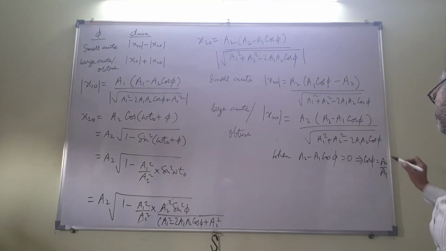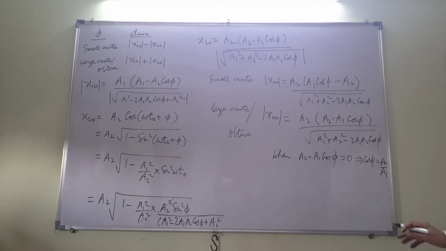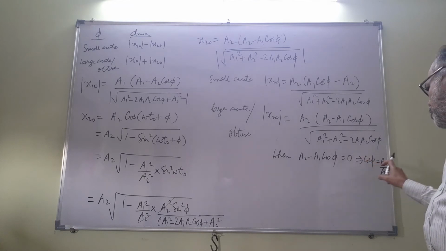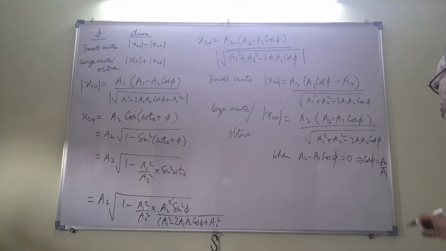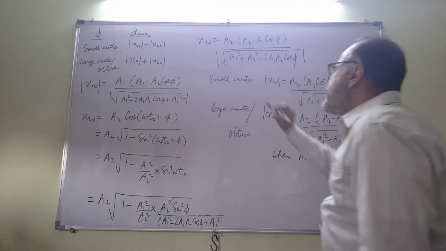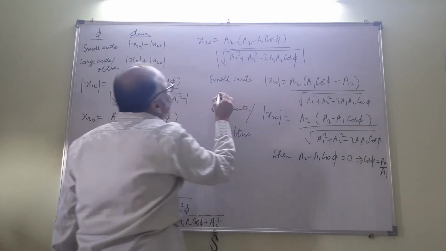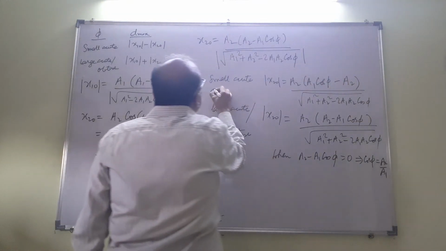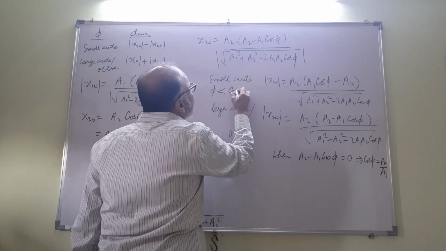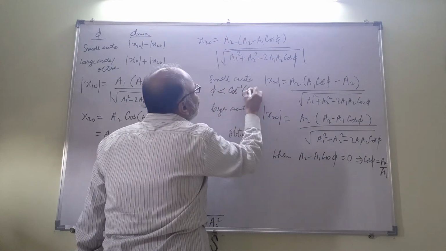This is the special case where cos phi is a certain definite angle given by the ratio a2 by a1. Note that a2 is less than a1, so this quantity is less than 1 as it should be. So when you say small acute, phi is less than cos inverse of a2 by a1.